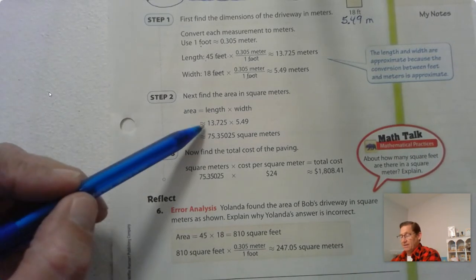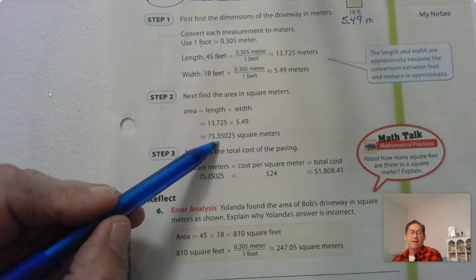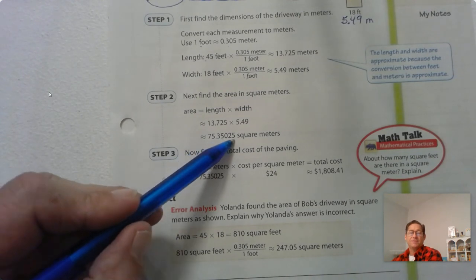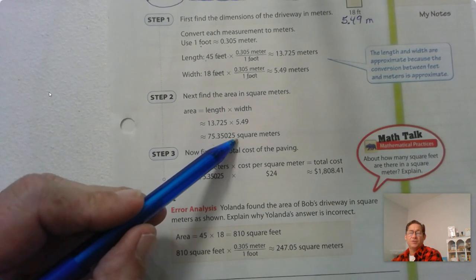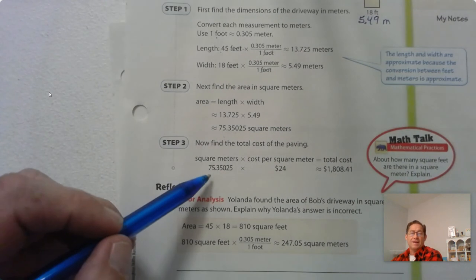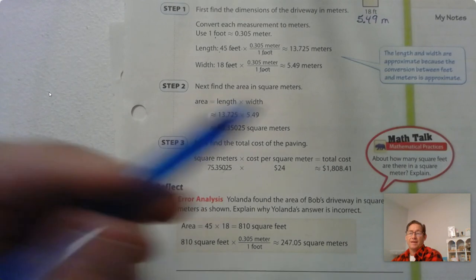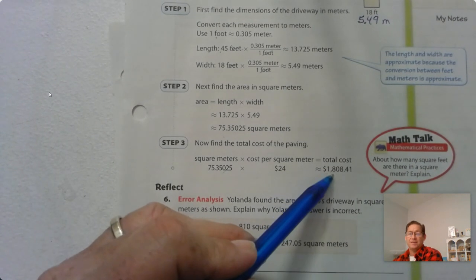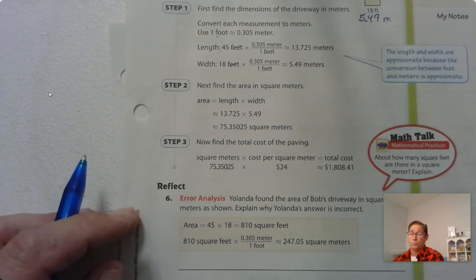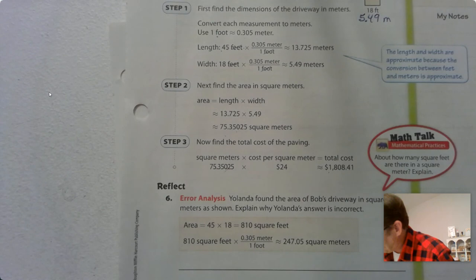And so they're telling us that when we multiply that all out, we're going to wind up with 75 and 35,025 hundred thousandths. All right. Now we can multiply that number by 24. And that's going to give us a total cost of $1,808.41. Okay, a lot of work, but we can do this.